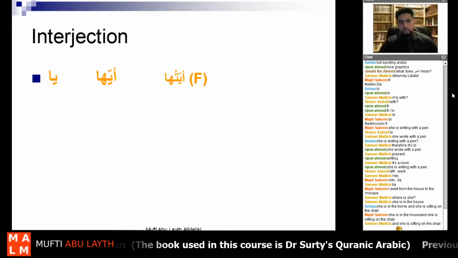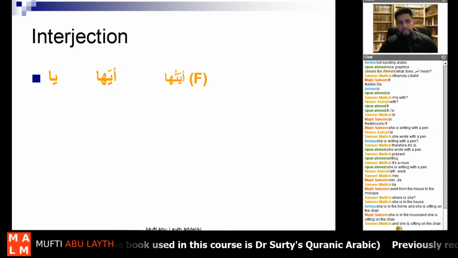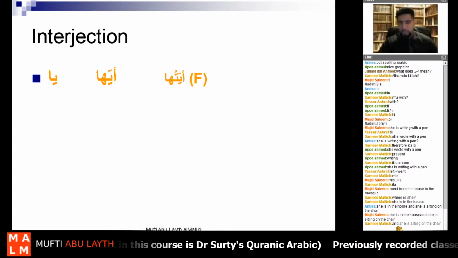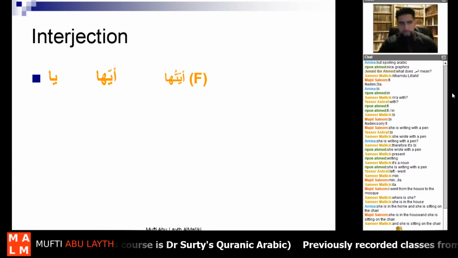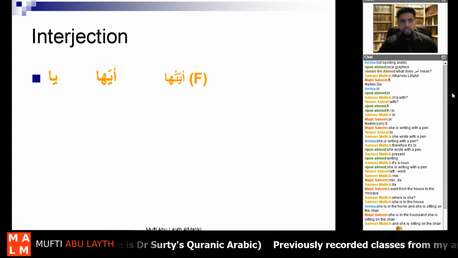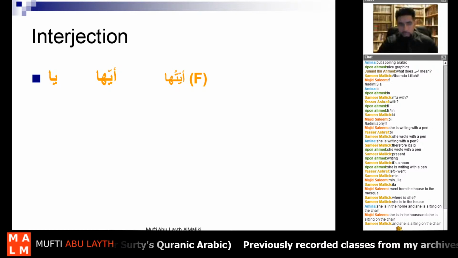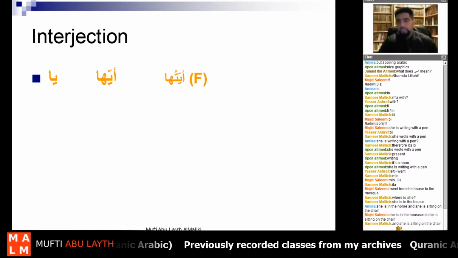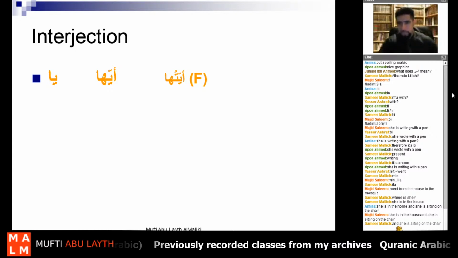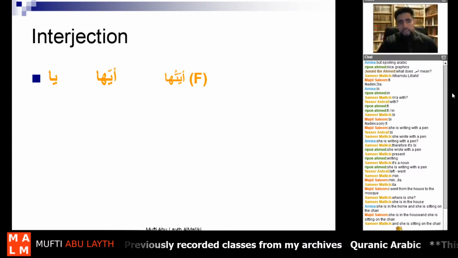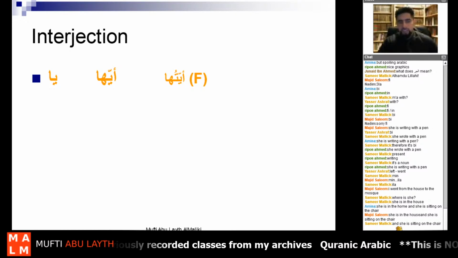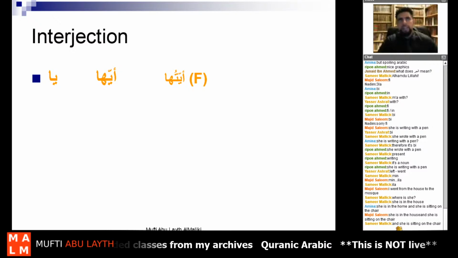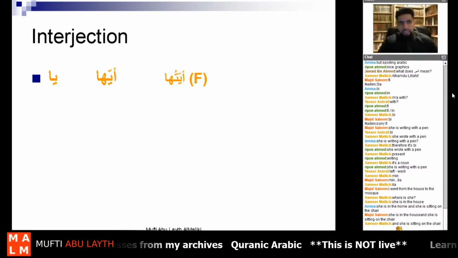So first of all, if you add ya onto a word, it loses its tanween. That's the first rule. And the second rule is if you add ayyuha, and they're both optional, onto a word, the word must have alif lam on it. So you couldn't have ayyuha for a word that doesn't have alif lam. So for example, names, unless the name naturally had alif lam on it.